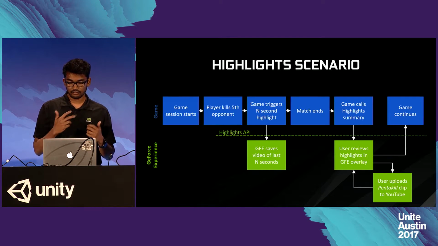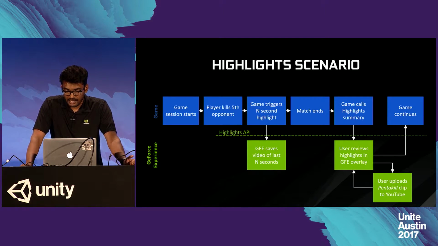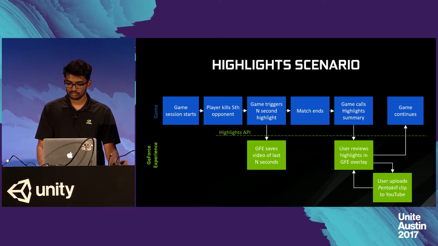The match can continue further with more highlights captured during the session. And after the match ends, the user is presented with a summary screen using the GeForce Experience overlay. In the screen, the user can choose to save the captured highlights, and can also choose to share them on social media from the overlay.